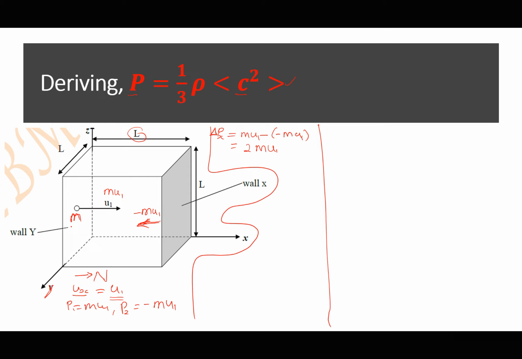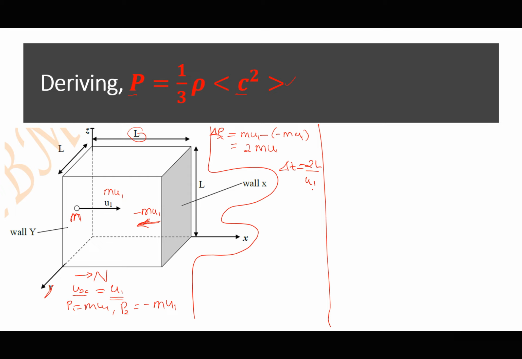Because it travels a distance which is twice L, moving from wall Y to wall X and back to wall Y after rebounding, the time for the round trip, delta t, is going to be the distance twice L divided by the speed, which has not changed, that is u1. Remember, this is only in the x direction.